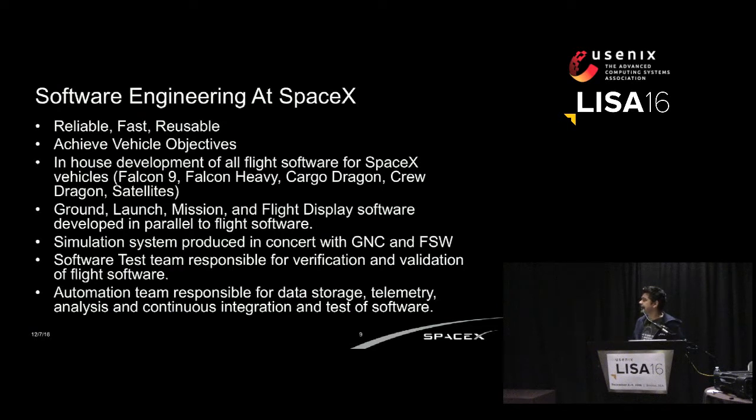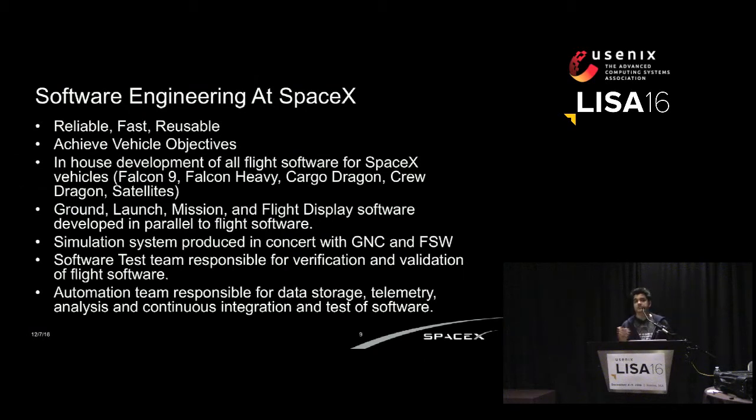Ground, launch, mission, and now flight display software are also developed in parallel to flight software in-house by separate teams. And then we have a simulation team that builds all of our physics, vehicle, and phenomena simulators. They work in concert with guidance, navigation, control, and flight software. They serve both sides of that, and I'll talk about that a little bit later.